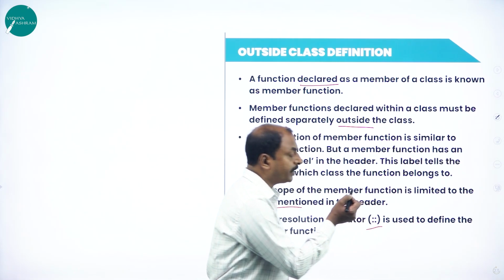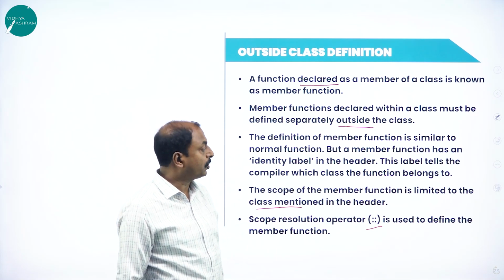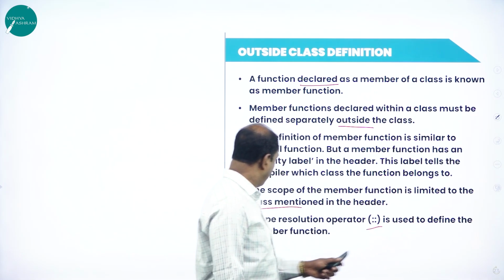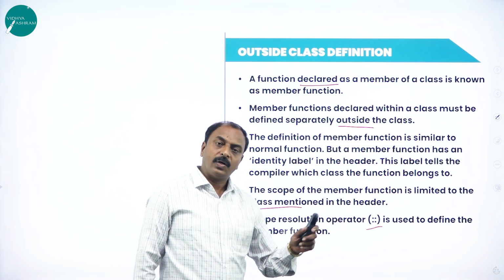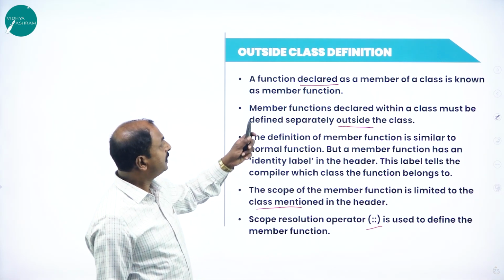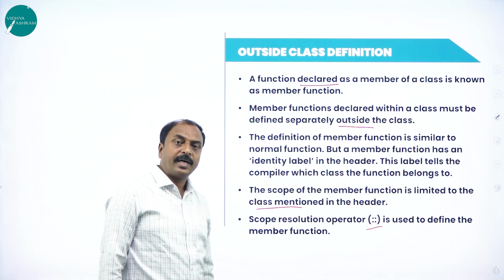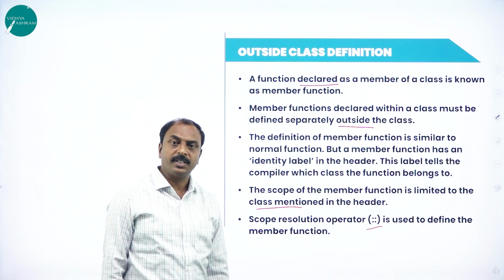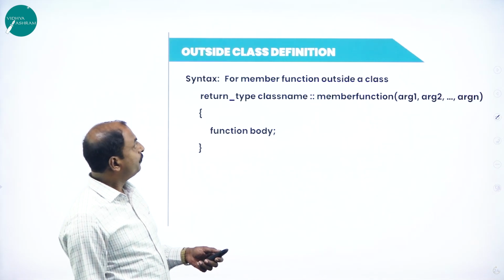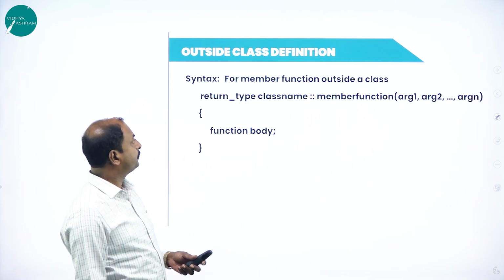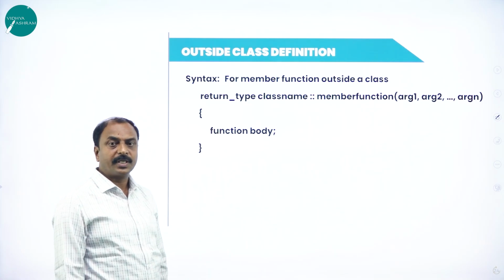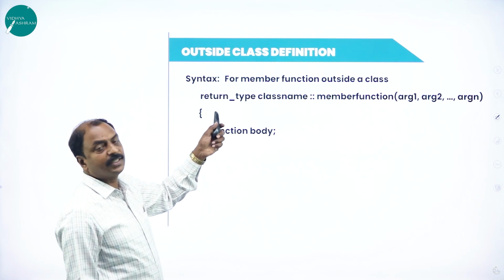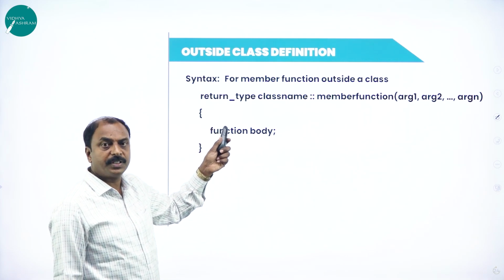These two colons together are the scope resolution operator. It is used to define the member function outside the class. So these are a few points or characteristics of a function definition outside the class. Now let us see the syntax of this. After completing the class definition, we have to write the function definition outside the class.